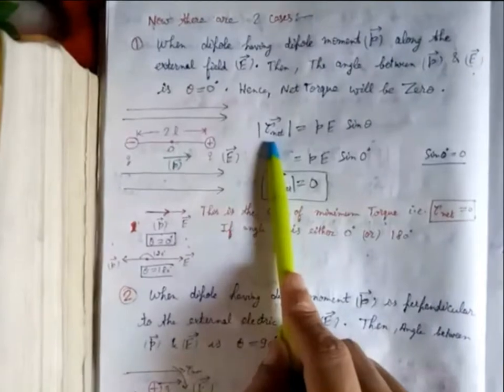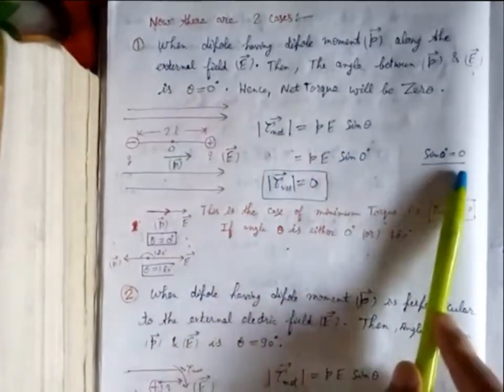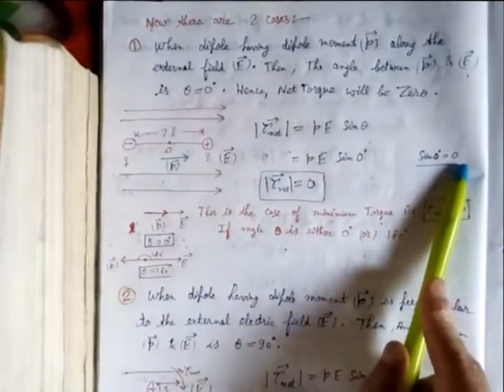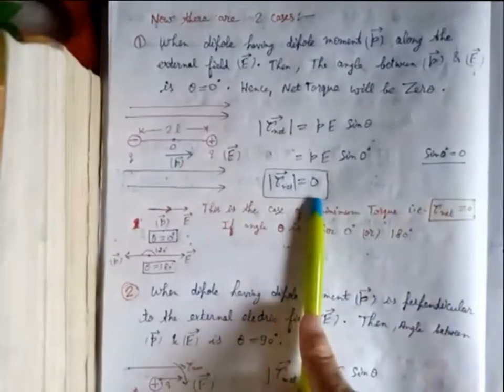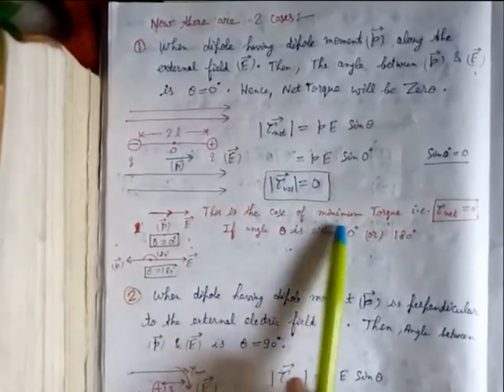So net torque will be P E sin theta, and sin 0 degree is 0. Sin 180 is also 0. So we get net torque 0. This is the case of minimum torque.